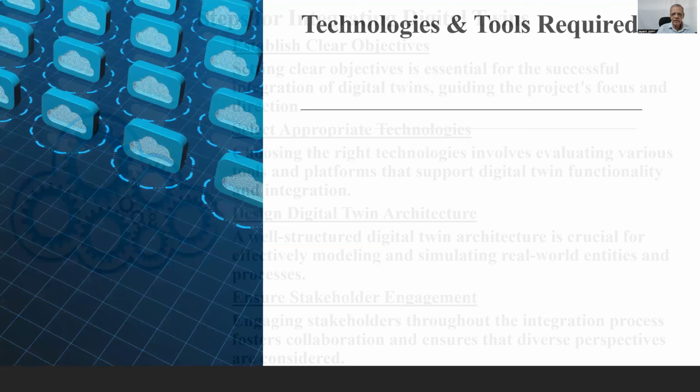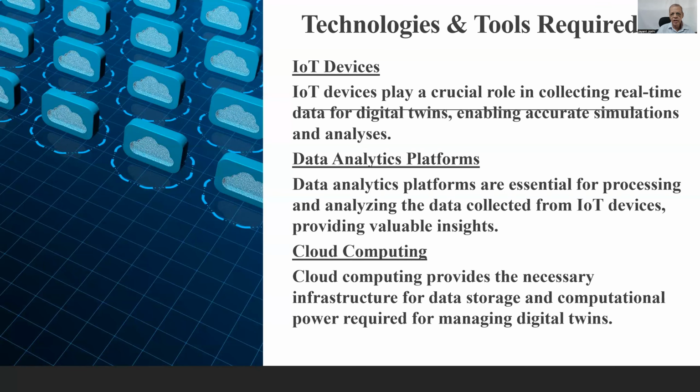Some of the main technologies or tools which are really required. The first and most important is the IoT devices. IoT devices play a crucial role in collecting real-time data for the digital twins, enabling accurate simulation and analysis.